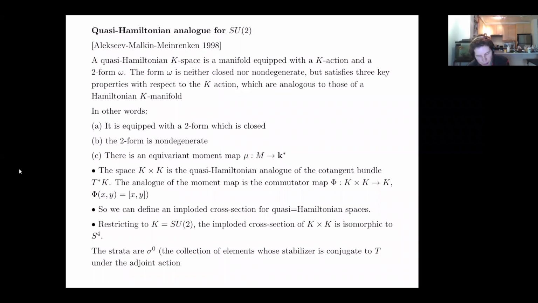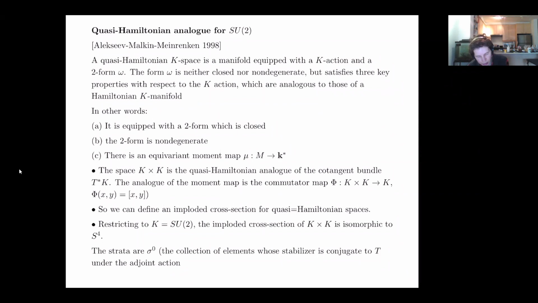Quasi-Hamiltonian spaces were defined by Alekseev, Malkin, and Meinrenken, 1998. A quasi-Hamiltonian K space, K again a compact Lie group, is a manifold equipped with a K action and a 2-form. The 2-form is not closed and also not non-degenerate, but it satisfies 3 key properties relative to the K action, which are analogous to the properties that you have to define a Hamiltonian K space.